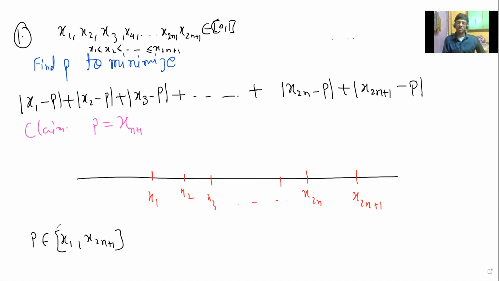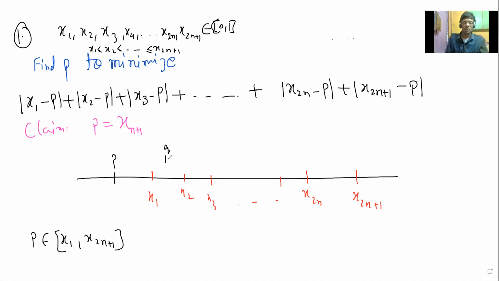Same way you can show it. Just reason it, right? If P is outside, then the distance of P from x2n plus 1 is already more than the sum of the distances if Q is a point inside. Maybe to the left or something, you can try to do it, right?